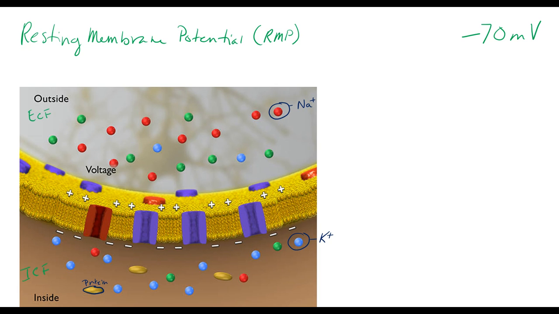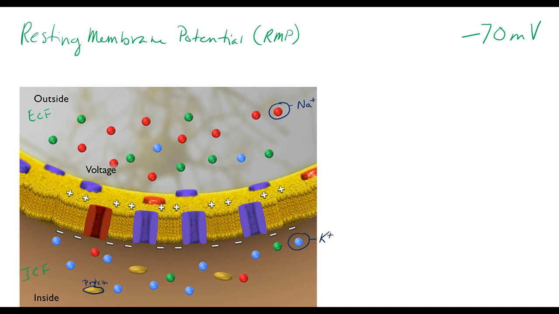These proteins help to give the inside of the cell a more negative charge. If the inside is negative, you would expect it to attract all the positive things, kind of like a magnet works.